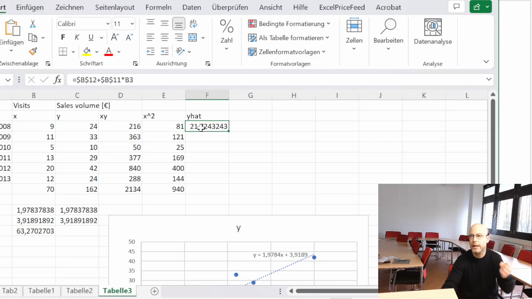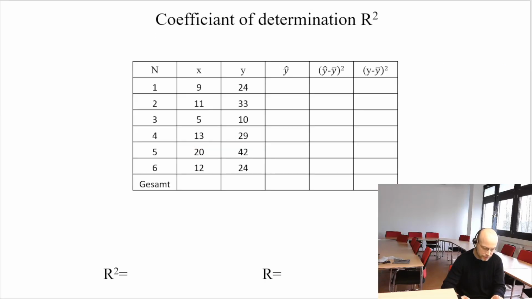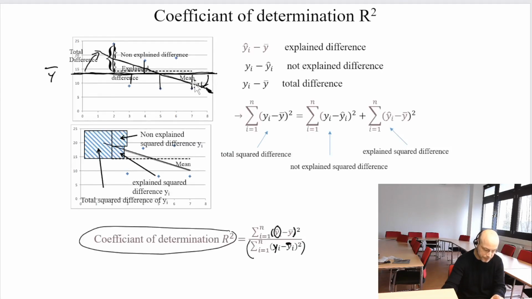And now we are calculating all our theoretical values y hat. What we also need is the distance of y hat minus y bar and y minus y bar.